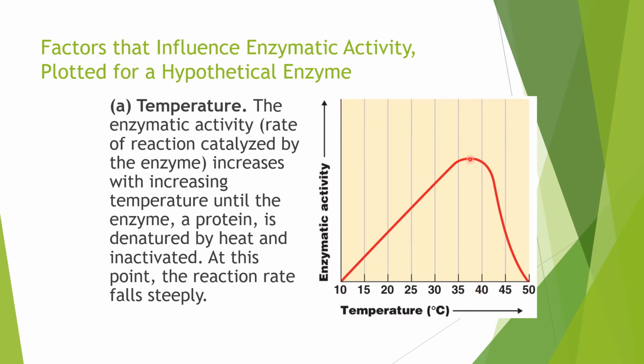As we said, the optimal is around 37, so if you increase the temperature to around 45, once more you notice that the enzyme activity is pretty low, to the point that if you increase the temperature way higher, or if you drop it, the enzyme activity could actually become zero. The enzyme is not going to function whatsoever. And so, as you can see, temperature is definitely a factor that can affect the enzyme activity.